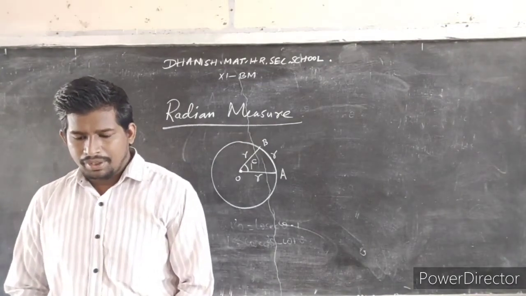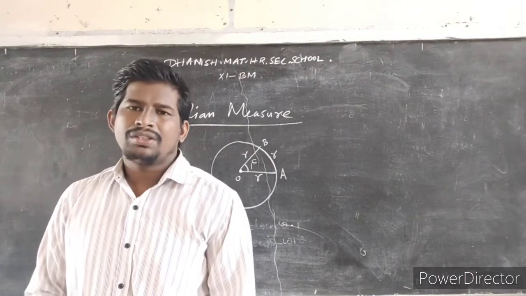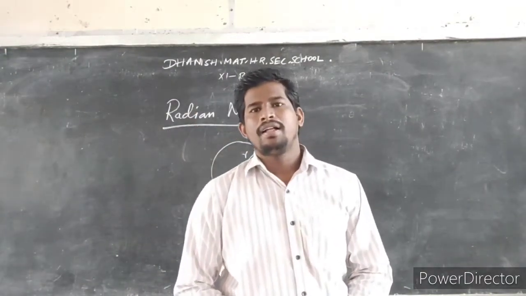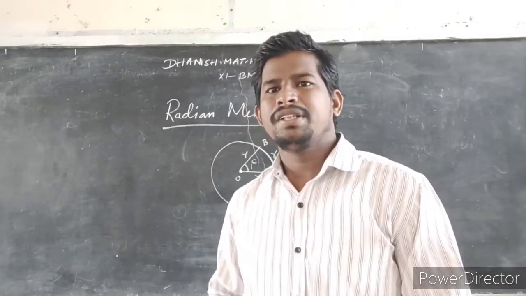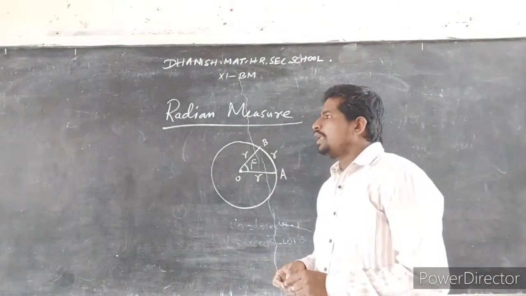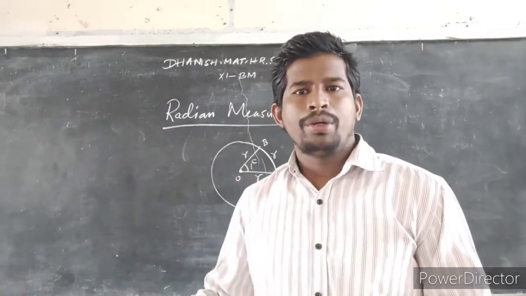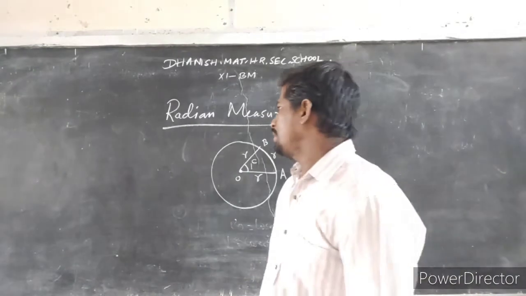Now, the relation between degrees and radians. As we all know, the circumference of the circle is 2 pi r. If r is 1 unit, then the circumference will be 2 pi. So one full rotation is equal to 2 pi radians.